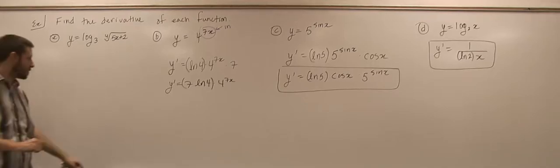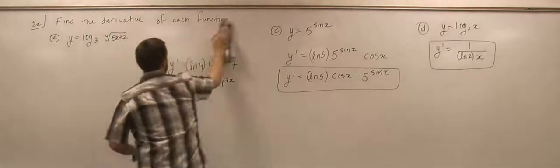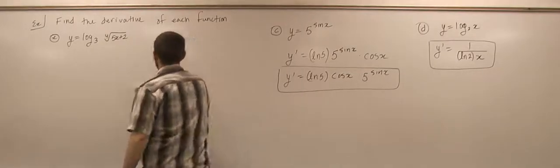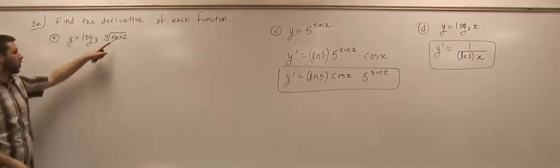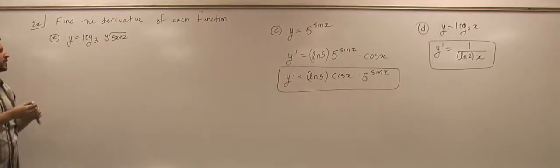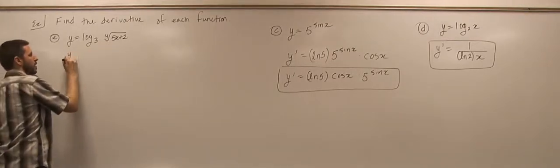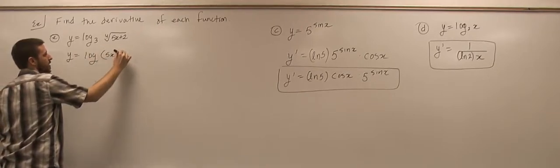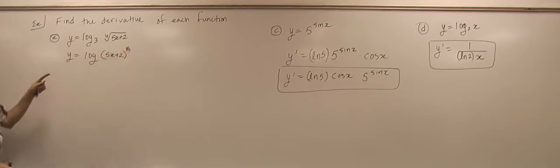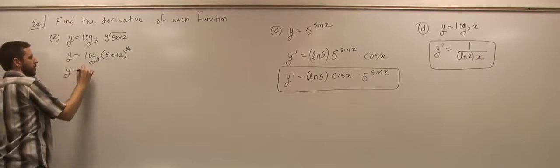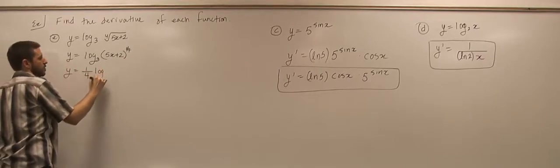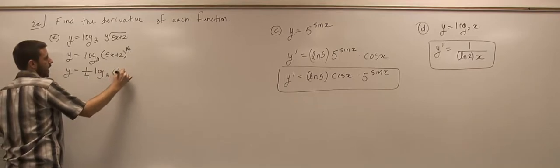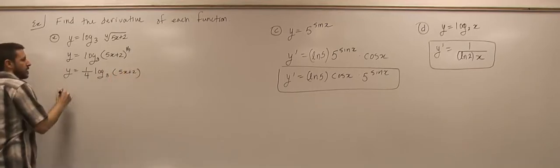Probably save me at least a little bit of time, a little bit of ink for sure. So, this fourth root can be written as the 1/4 power. All your log rules that you have for ln apply to log base 3, or log base a in general. So the 1/4 comes down. That's just rewriting. I haven't actually done a derivative yet.